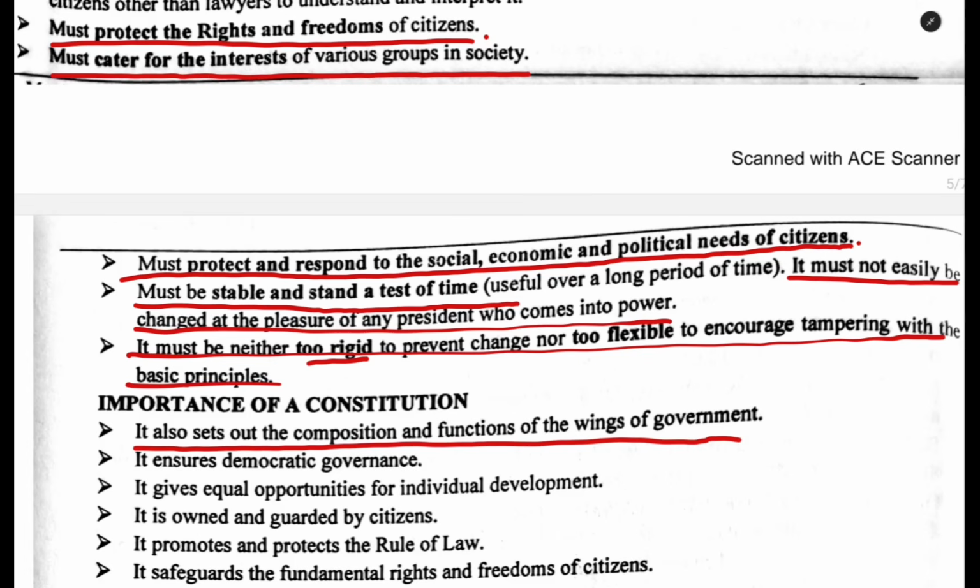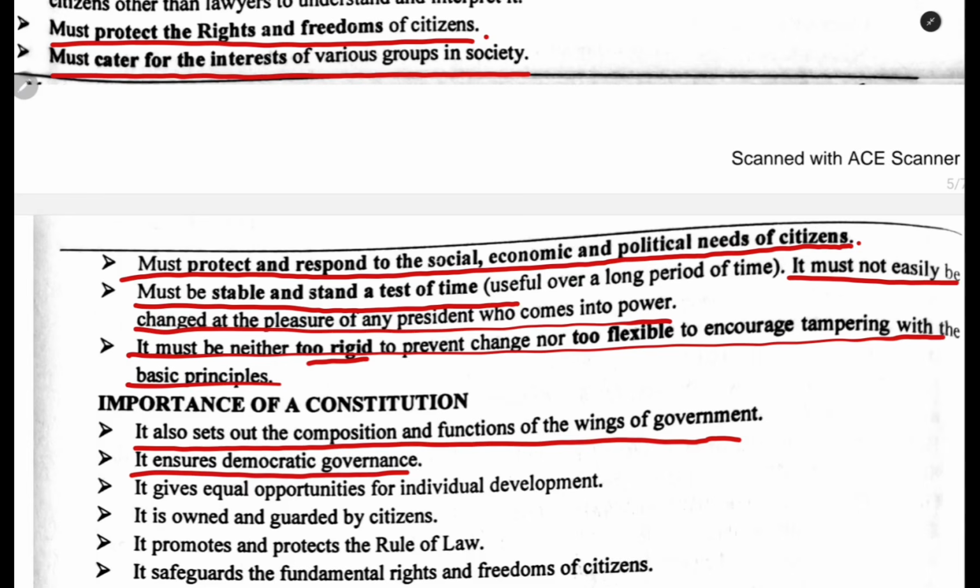It also sets out who is the head of the executive and what makes up the executive wing. Also the court system, which is the judiciary. These wings of government have different functions that they play, and of course they should check and balance each other.